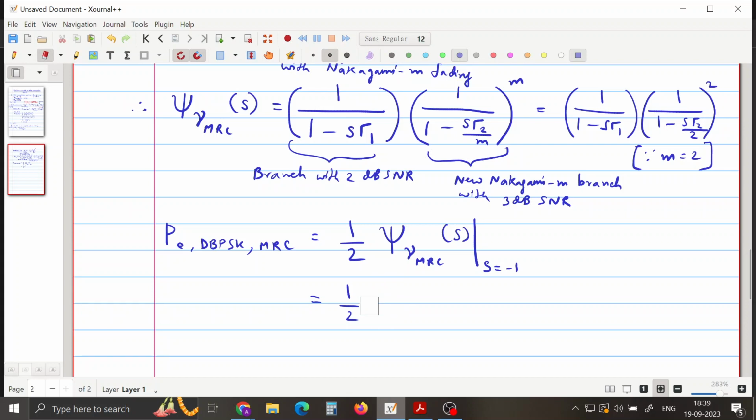Okay, good. So if you put s equals to -1, then it is 1 by 1 plus gamma 1 times 1 by 1 plus gamma 2 by 2, whole square.